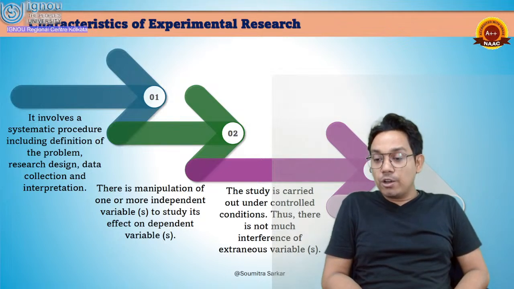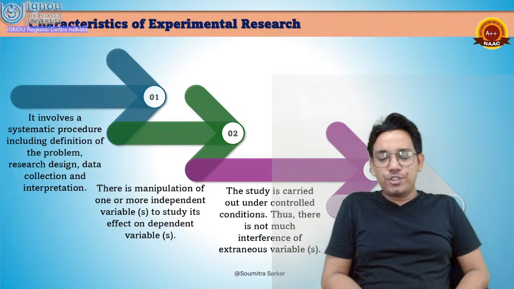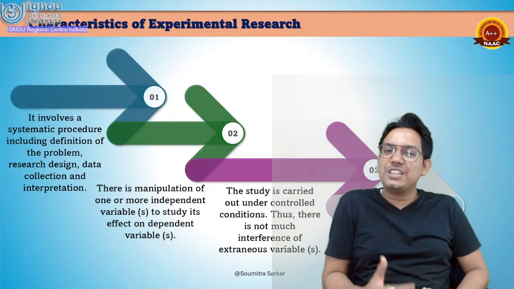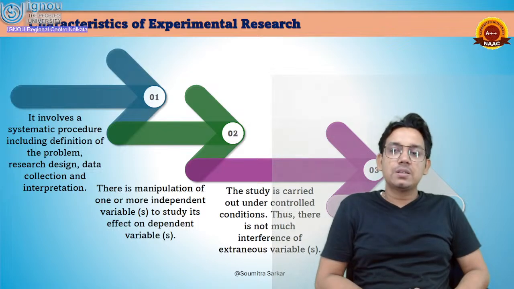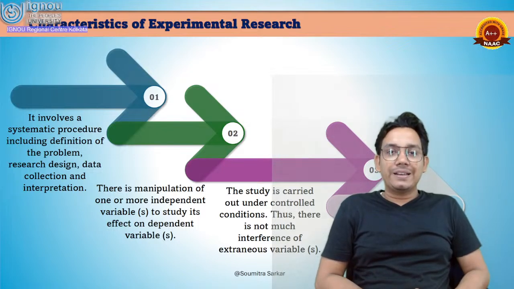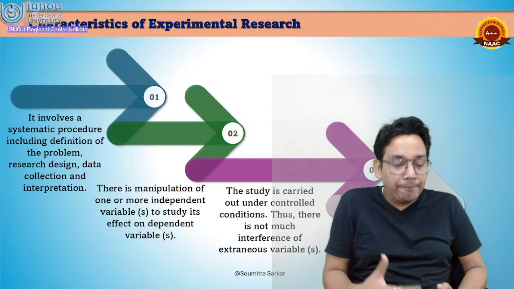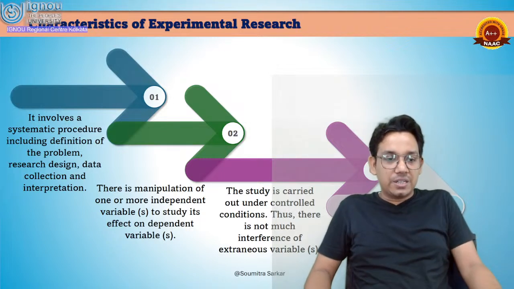So it focuses on the problem as well as the proper design of the research. Which method will be applicable to deal with such problems? Through experiment we can get the result, measured through hypothesis and interpretations.